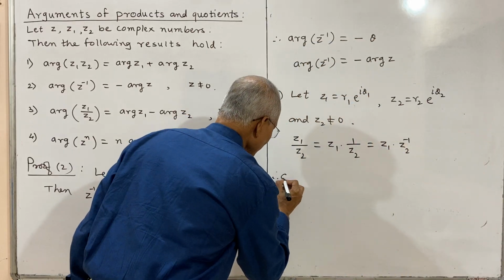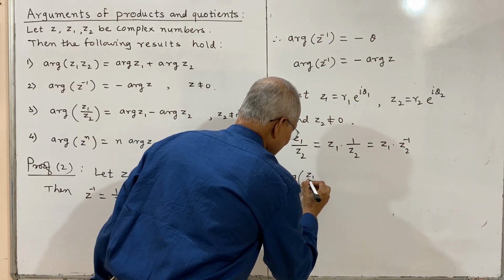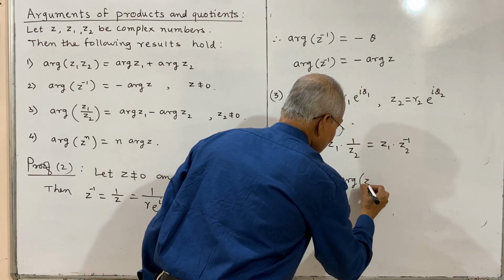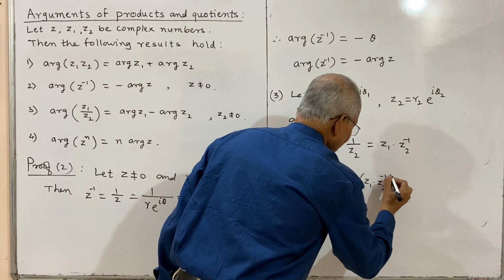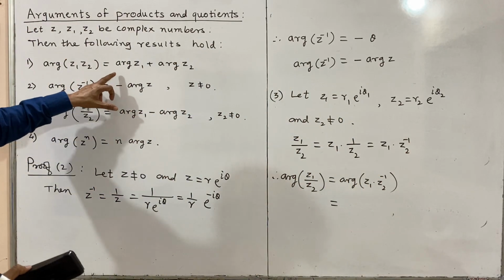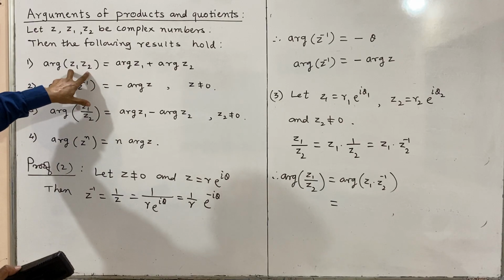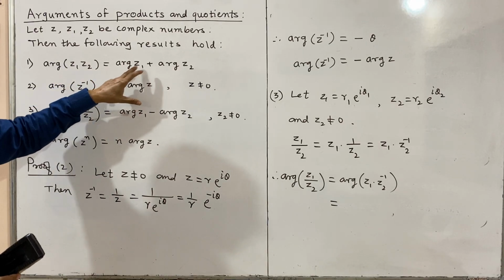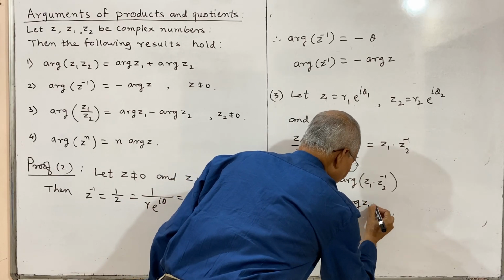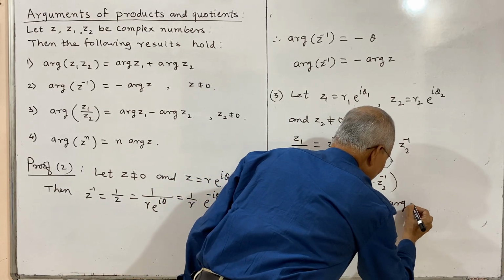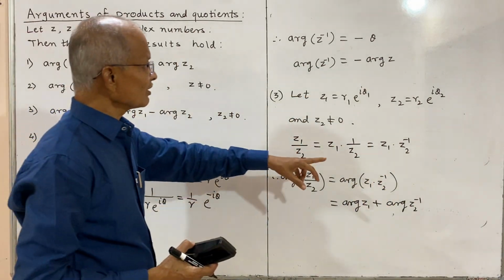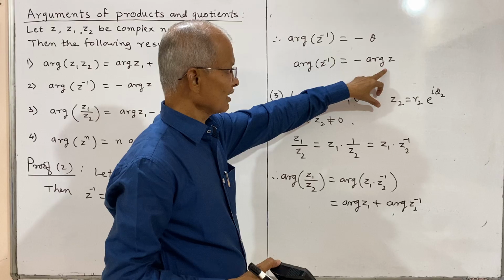And therefore, the argument of z1 by z2 is equal to the argument of z1 into z2 inverse, and from the first result, the argument of the product is the sum of the arguments, and that will be argument z1 plus argument z2 inverse. And we know what the argument of z inverse is, negative argument z.